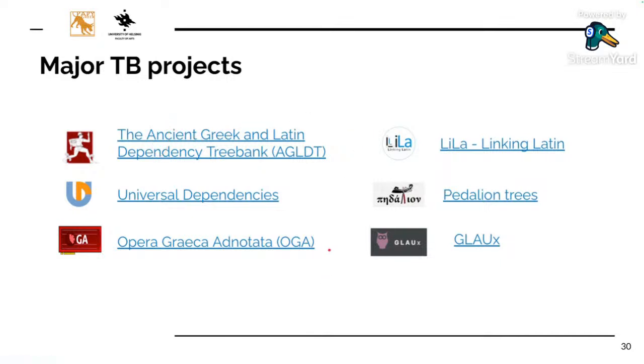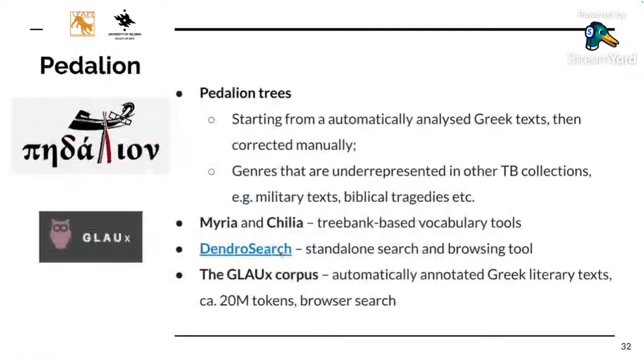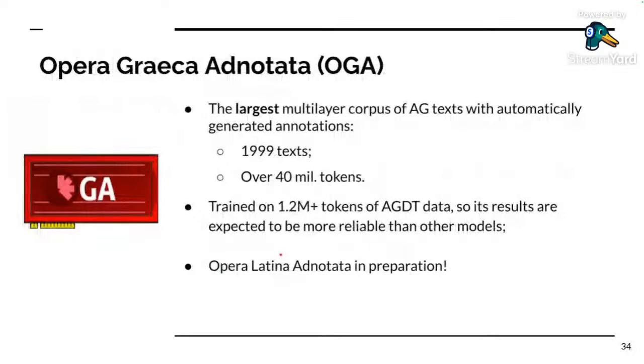Something that I am really happy to shout out today is this relatively recently published work by Giuseppe Celano, the Opera Greca Annotata, for which I do have a slide, which is by far the largest corpus of ancient Greek texts. It has over 40 million tokens. That's really amazing, and it's all automatically generated, but trained on manually created text, and many of them.